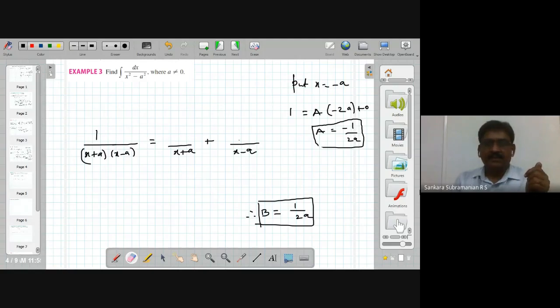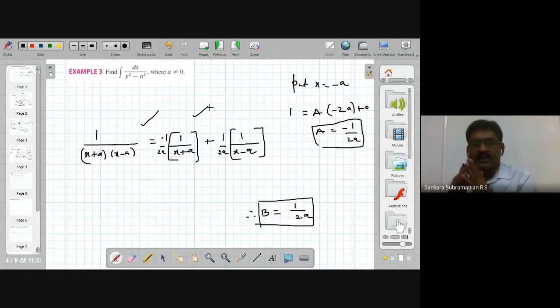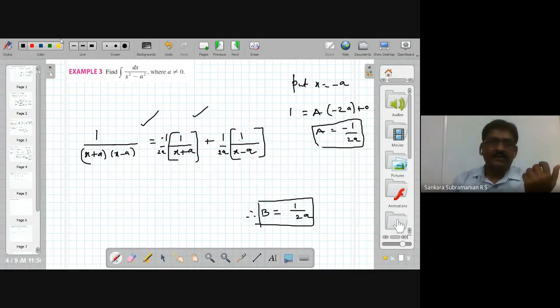A is minus 1 by 2a, and B can be replaced with 1 by 2a. So the left hand side and right hand side will be equal, and now it is partial fractions. It has been split into two fractions. Now this will help you for doing the integration.